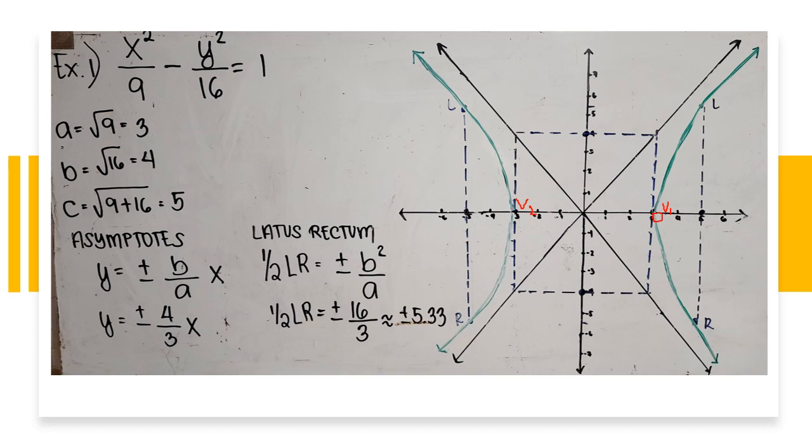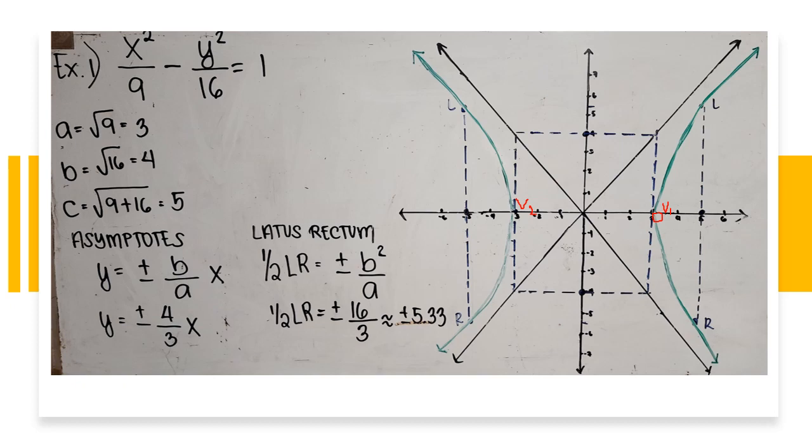Next, for our conjugate axis, that represents variable b. For b squared, we have 16, so we get the square root of 16, which is equal to 4. Since we're done with getting the vertices, also known as the transverse axis, we need to count 4 units upward and downward from the point of origin.